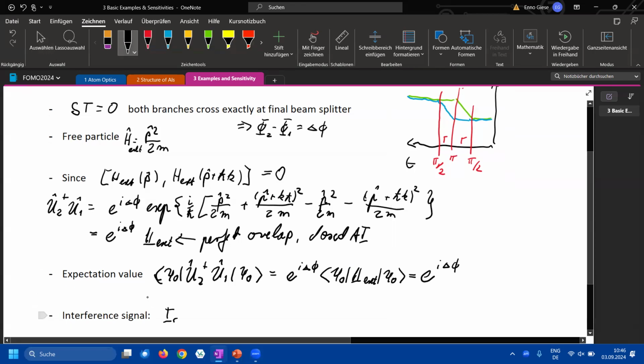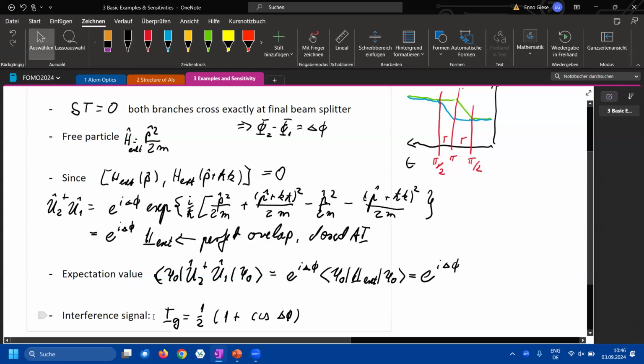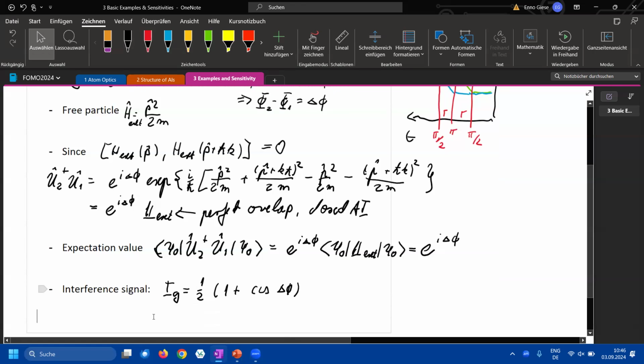I called that IG yesterday. And that was 1/2, 1 plus cosine delta phi. So we are just measuring the laser phase difference of those 3 lasers, this 3-point laser phase difference. And that's it. And the visibility is perfect. And we measure the laser phase.